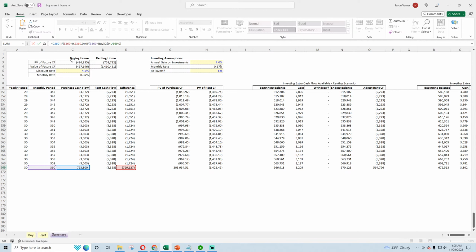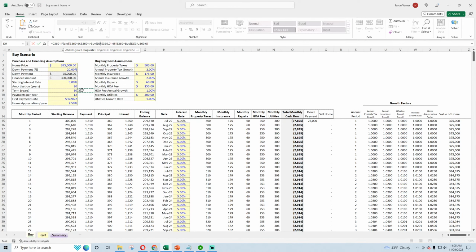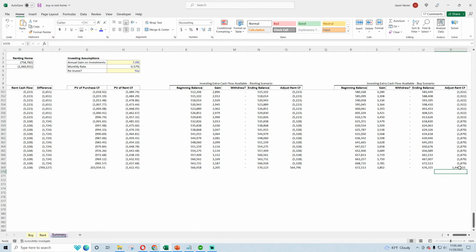But we have to do if E69 is less than 0 and this does not equal our terminal month. Then you can do that. Oh, still not right.